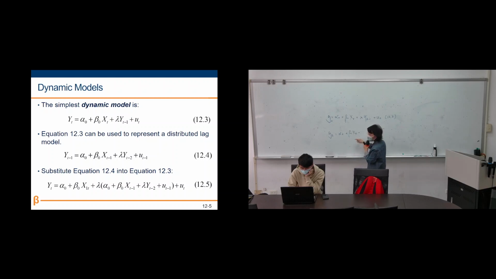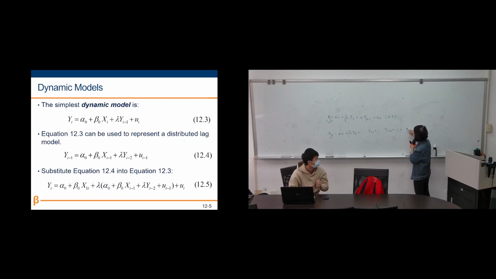Then, as a distributed lag model, I should have xt minus 1, plus xt minus 2, and so on up to xt minus p, plus the original ut.